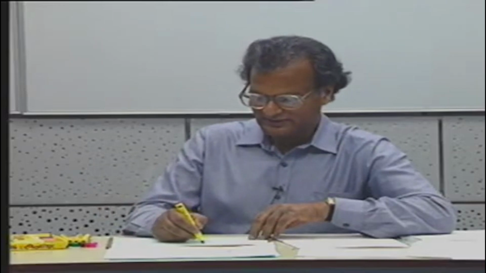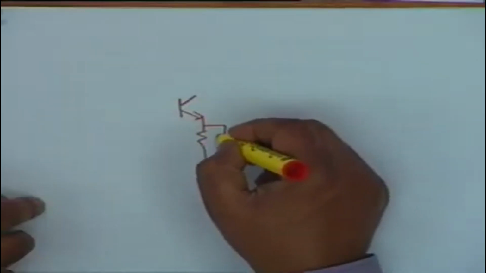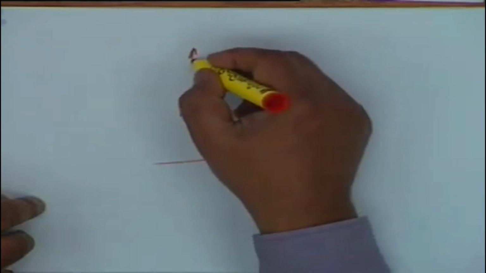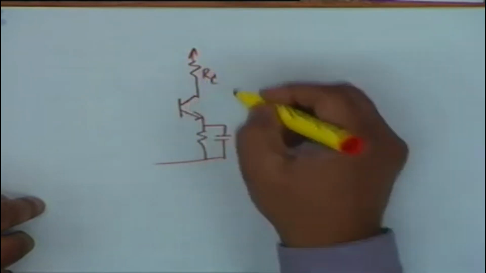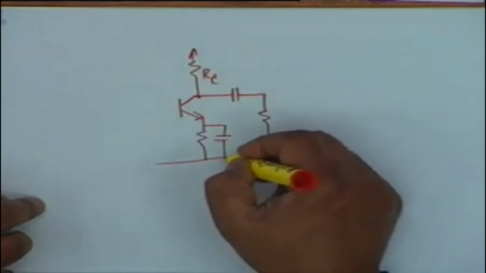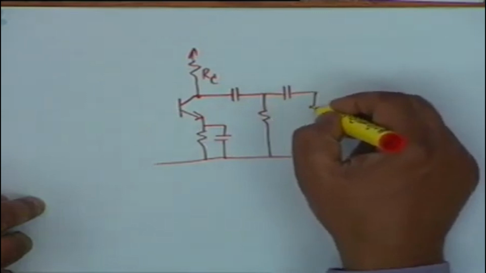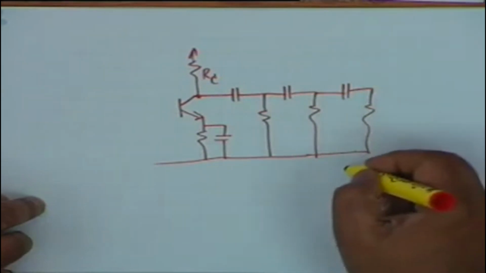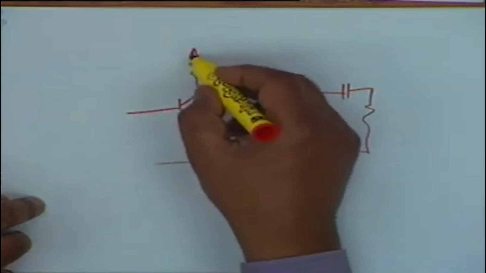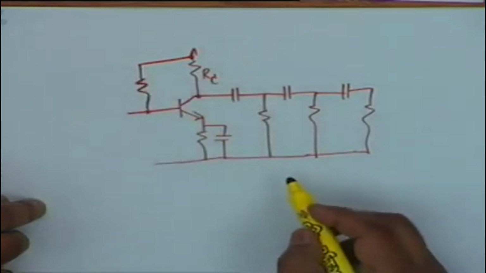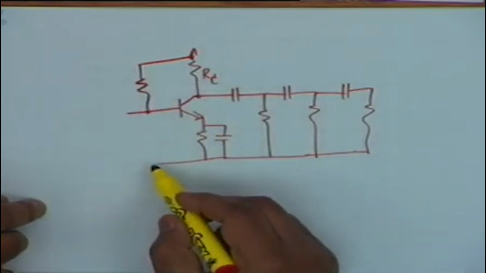will be like this. You have a BJT, then you have an R sub C, CR, this is the feedback network now, CR, CR, and this goes to, do you need another resistance here?